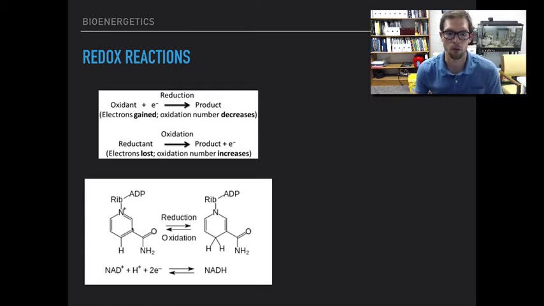NAD+ and NADH can essentially be thought of as a taxi that's carrying around electrons and giving them to other molecules. So it can be taking electrons from glucose and giving them to something else that's going to help the cell do work.